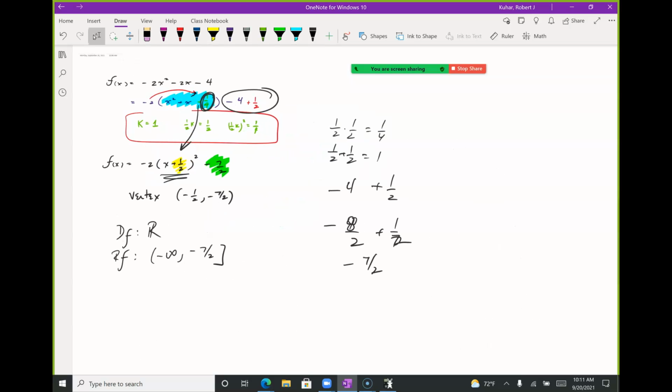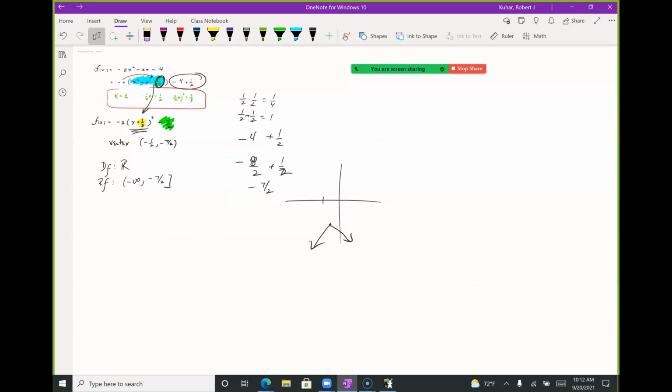And of course I'm going to graph it, right? So I know it's doing this. I know there are no x-intercepts, right? Because it starts below the x-axis and opens down. So if I did try and use the quadratic formula there, I'd get complex numbers, right? Square roots of negatives.